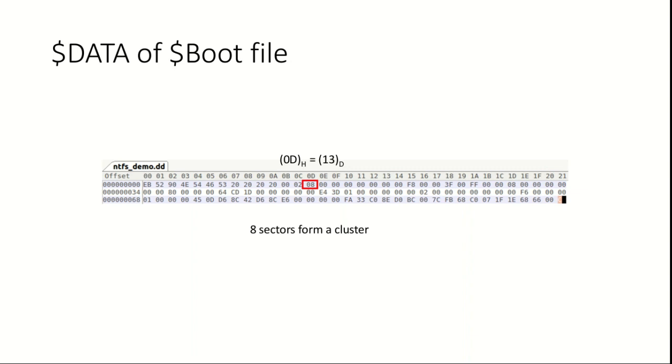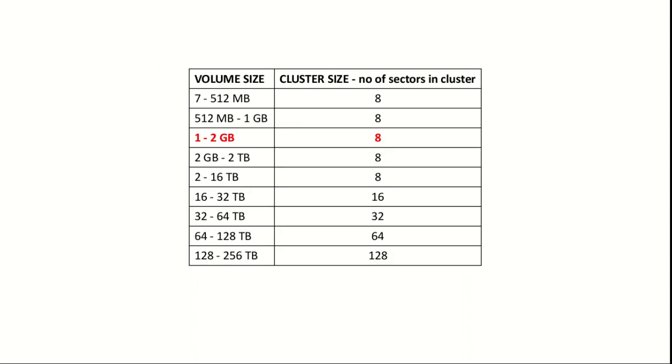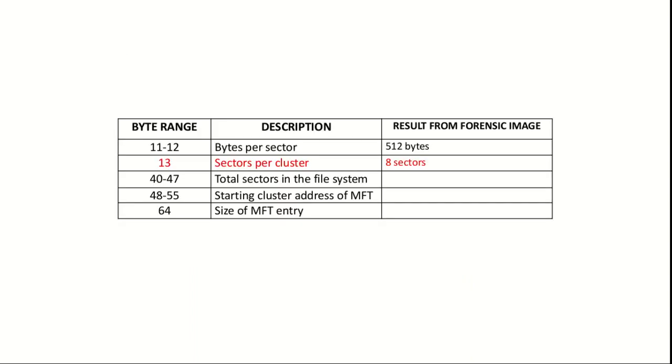This means 8 sectors form a cluster. It was mentioned earlier that the forensic image is of a 1 GB drive. This table confirms that in a 1 GB drive, 8 sectors would form a cluster. Let us update this information in the table.